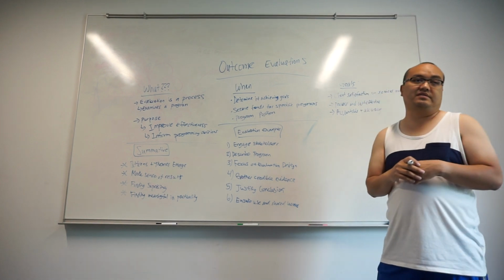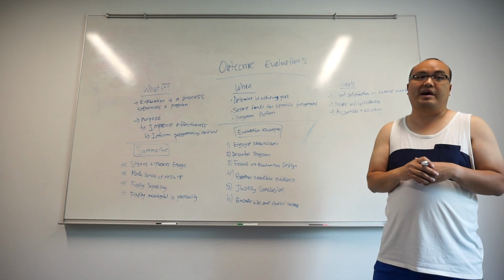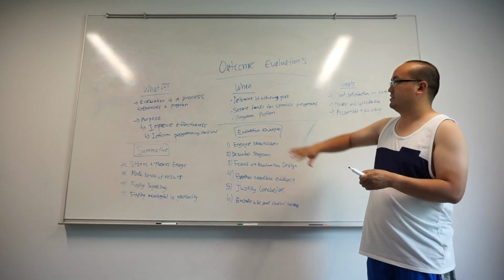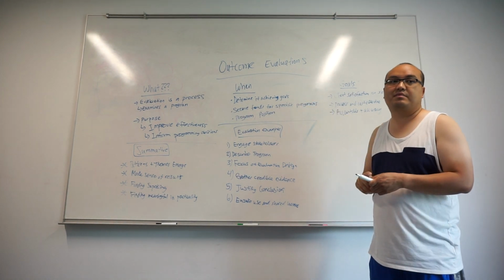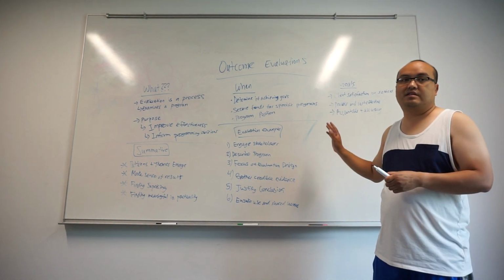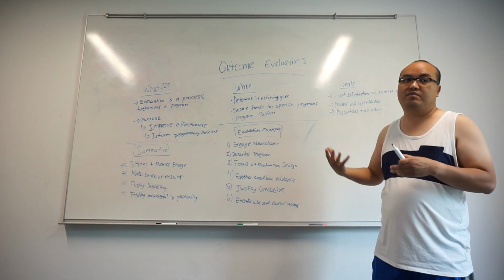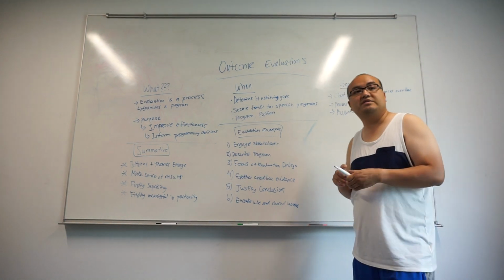And so 1 is utility, 2 is feasibility, 3 is propriety, and 4 is accuracy, as reviewed and summarized here. But I'm going to write down this wheel so it's presentable, and it's also approachable for many of you to remember our outcome evaluation presentation.